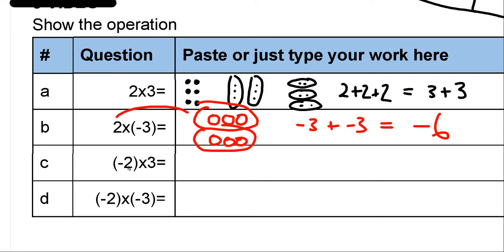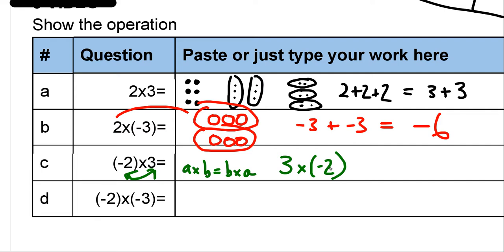And then what if we went first and said, well, we've got negative 2 groups of 3? Well, this is hard to count. But if we go back to our fundamental idea of the first principle, that A times B equals B times A, well, that means we can just change the order to 3 times negative 2.